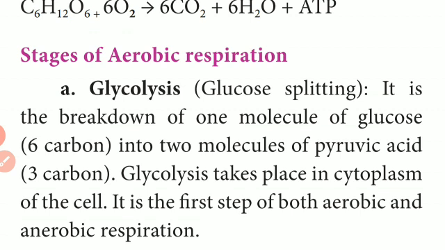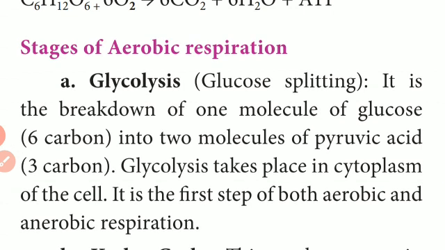It means it is divided. So 1 molecule with 6 carbons becomes 2 molecules, 3 plus 3, 6. So glycolysis is the breakdown of 1 molecule of glucose into 2 molecules of pyruvic acid with 3 carbons.